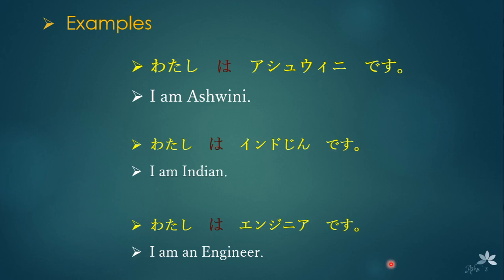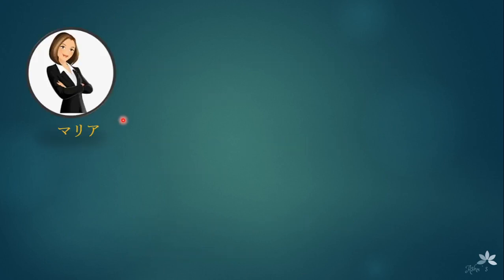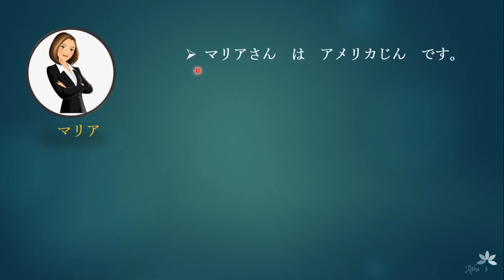Now you also can try making sentences in the same way. She is Mrs. Maria. Now let's make a few sentences about her using the same sentence pattern. Maria-san wa America-jin desu. The san here means Mr. or Mrs. Maria-san wa America-jin desu.